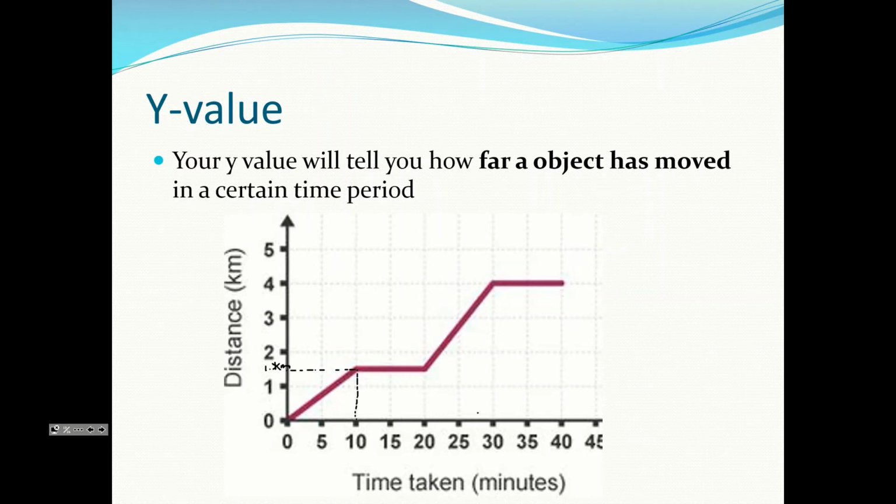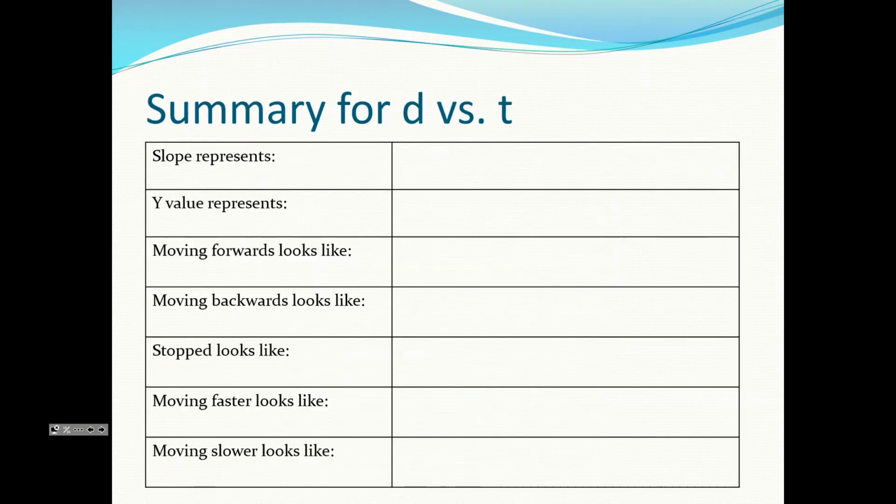If I want to know how far they've gone at 28 seconds, I just go here, and then I go to here, and I would say that's 3.4 kilometers. At 40 seconds, I find my y value, and my y value is right on 4, so they've moved 4 kilometers. So your y value can tell you how far your object has moved, whatever that object is.